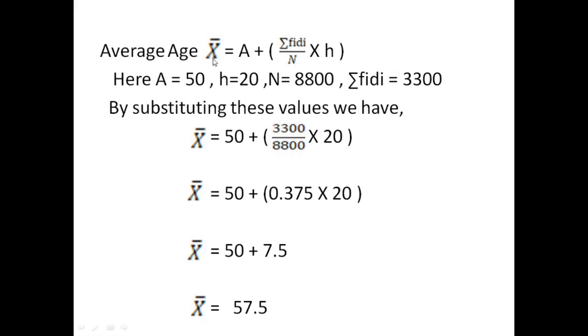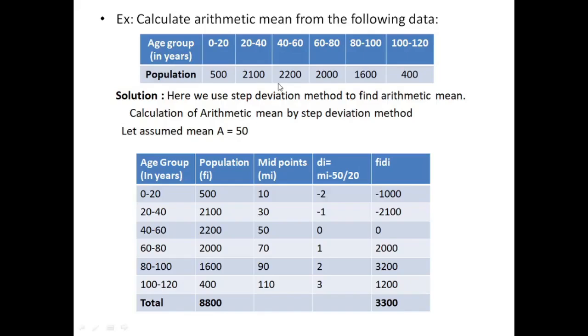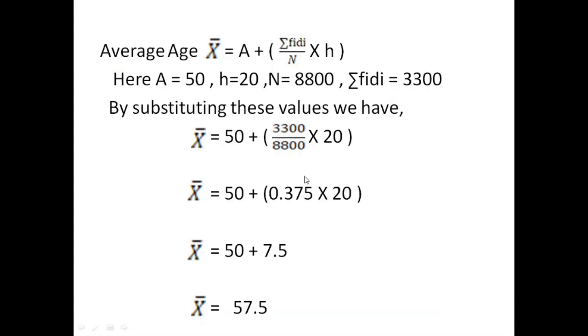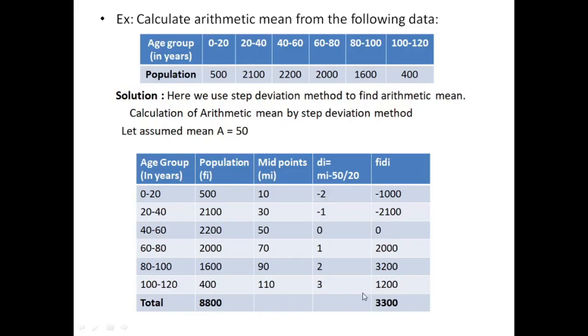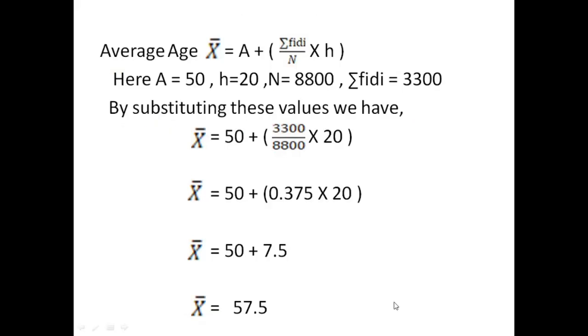So in the formula, a means assumed mean, which is equal to 50. H is class width, which is equal to 20. N is the sum of frequency, which is equal to 8800. Summation of fi di, the sum of this column, is equal to 3300.